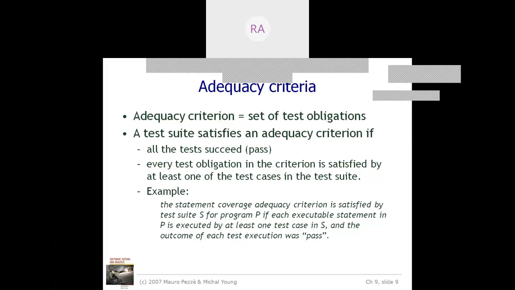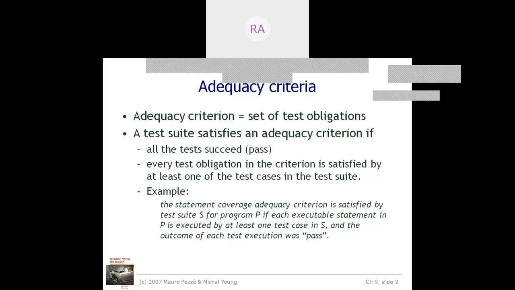Only then can I call it a test suite. A test suite, which has a set of test cases, will satisfy an adequacy criteria if and only if all the tests succeed and every test obligation in the criteria is satisfied by one of the test cases in the test suite. One proper example for this is statement coverage, which you have already studied.